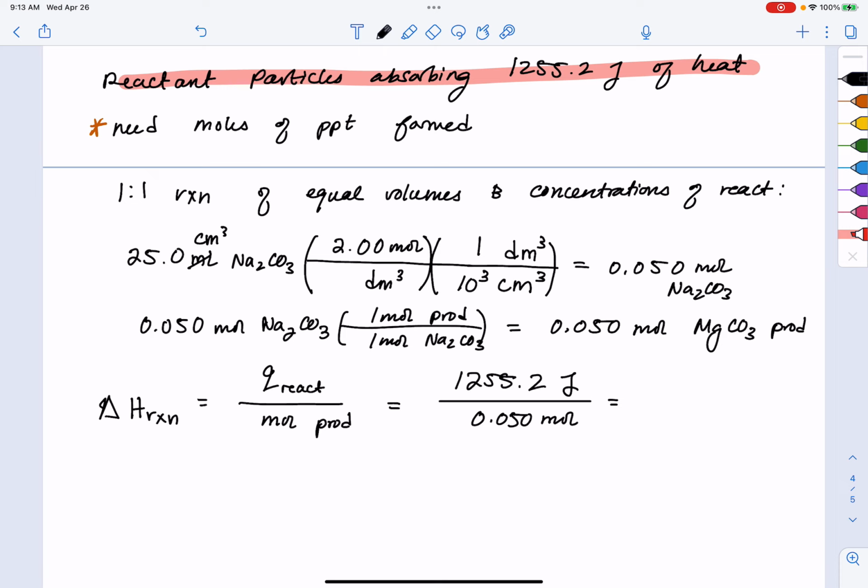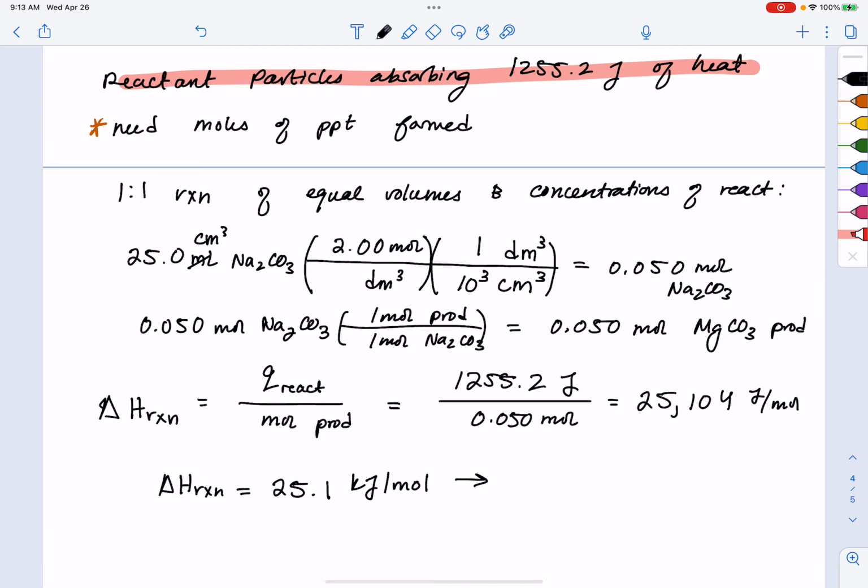When we do this, we get 25,104 joules per mole. Expressed in kilojoules per mole, that's probably a little bit better, so this becomes 25.1 kilojoules per mole. And this is the heat of this reaction.